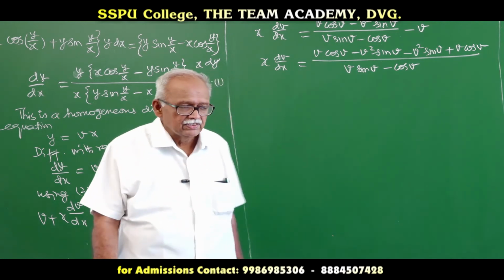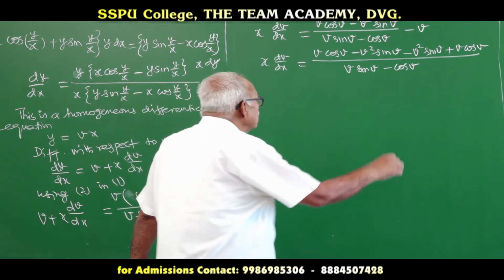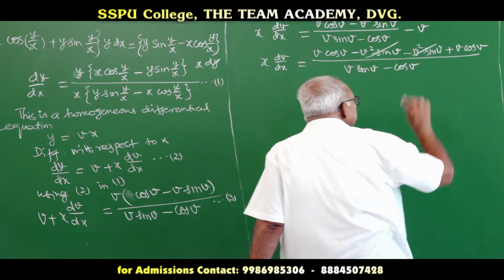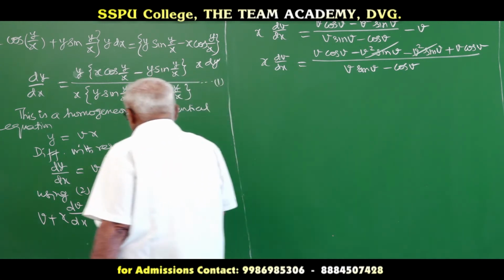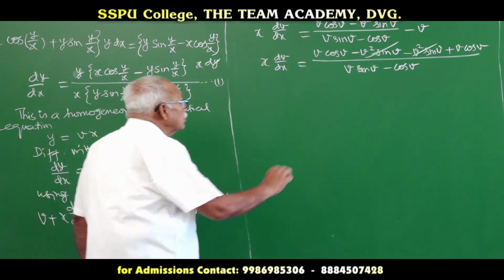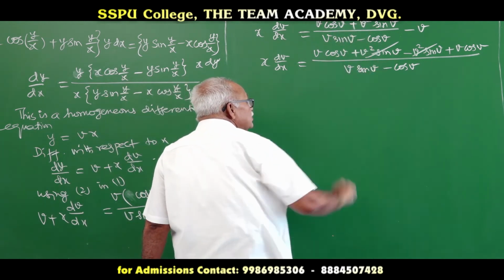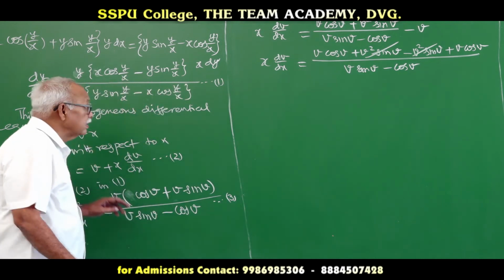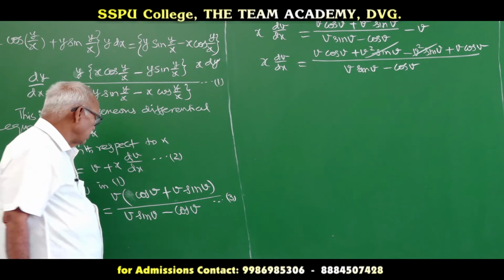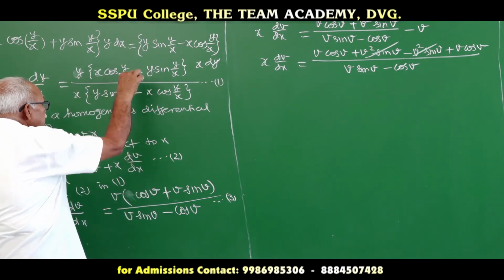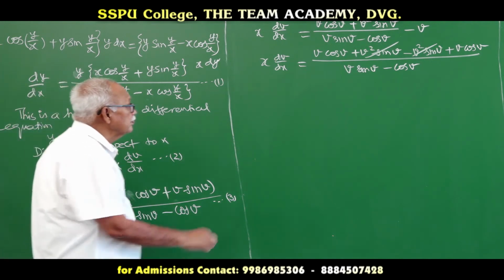When we are doing this, almost you will get cancellations: v square sin v gets cancelled, and the plus sign remains.